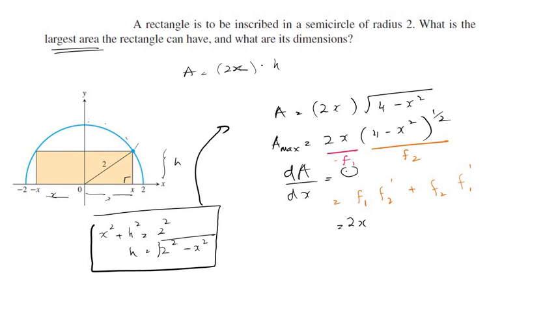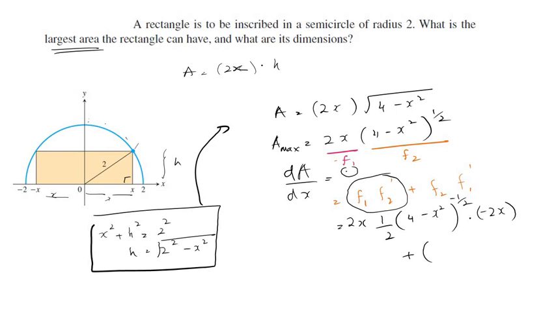The derivative of f2 is, because there is a half, we use the power rule, so we say half times (4 minus x squared), then we subtract 1 from the half, we get minus half, and multiplied by the derivative of the function 4 minus x squared, that is minus 2x.